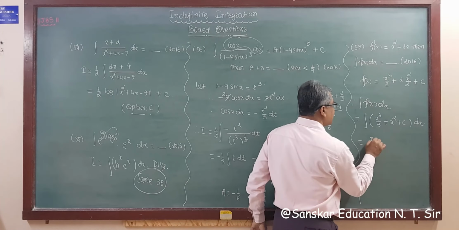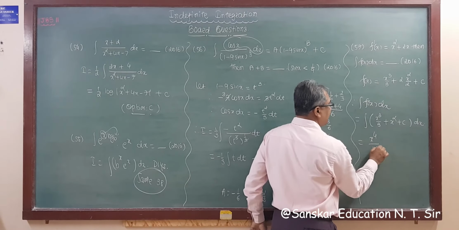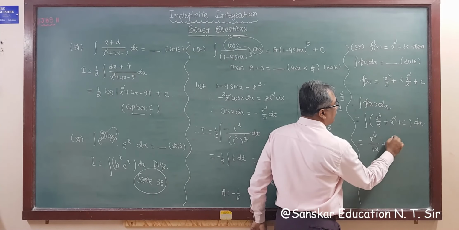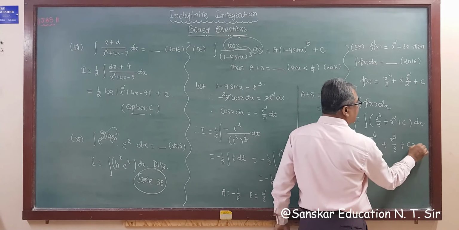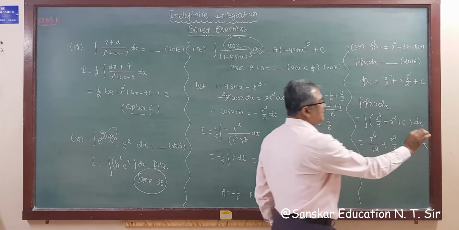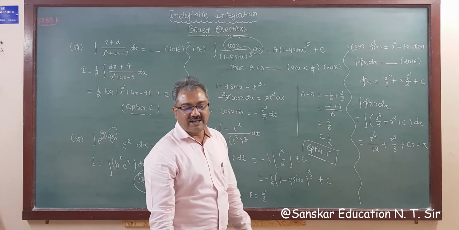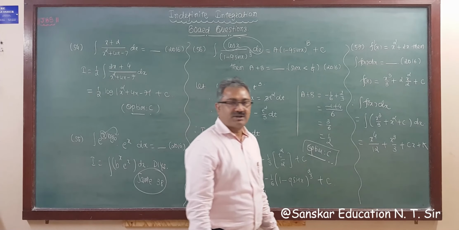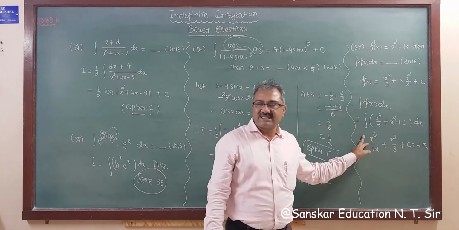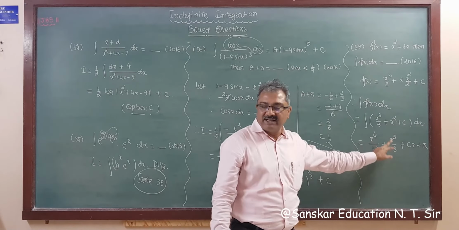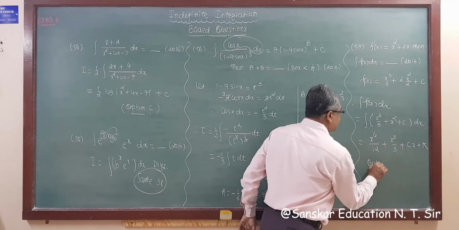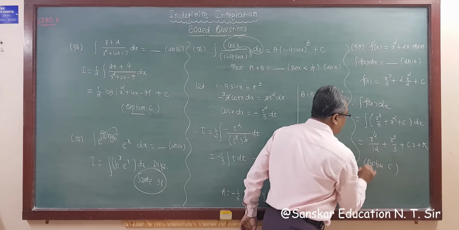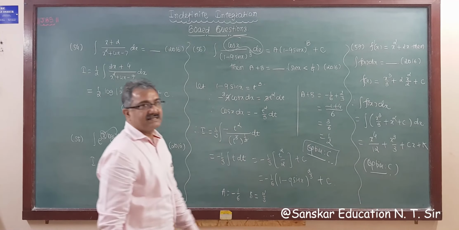So this is x raised to 4 by 4 and 3, that is 12 plus x cube by 3 plus c into x and plus k is the arbitrary constant. So your answer will be x raised to 4 by 12 plus x cube by 3 plus cx plus k. That is option C is your correct answer. So option C is correct answer, right?